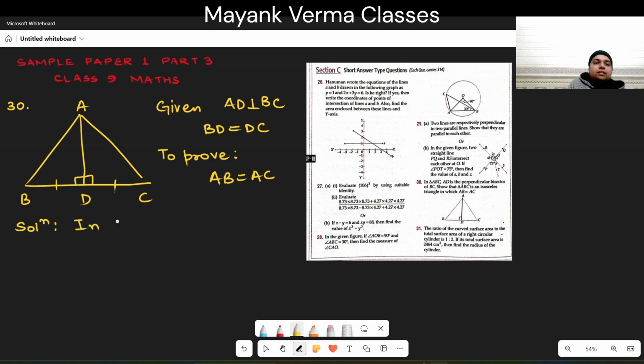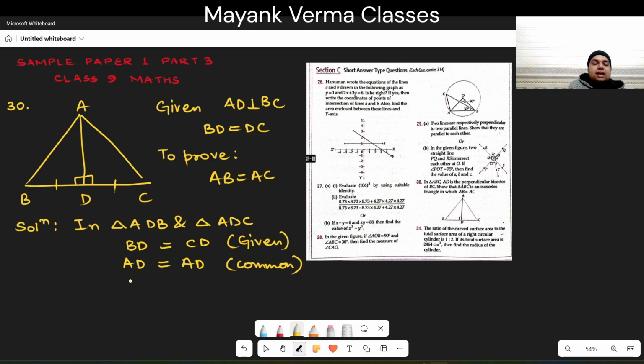So solution. In triangle ADB and triangle ADC, can I say that BD is equal to CD because it is given to us. Also, AD is equal to AD, that is common.